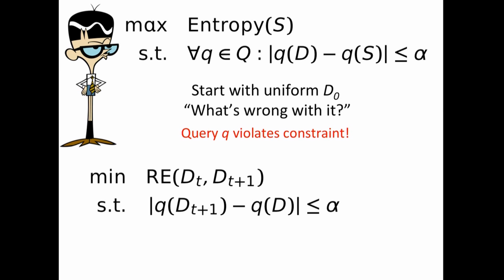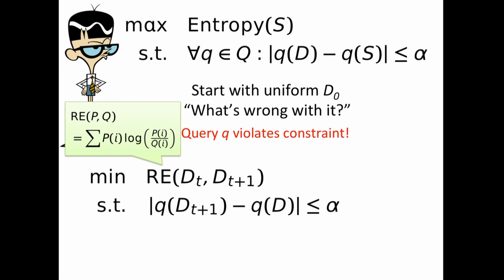But you want to, in some sense, minimize the amount of entropy you lose. You want to stay as close as you can to the uniform distribution while correcting your performance on the seen query. Okay? You want that your new distribution, d sub t plus 1, is correct on the query that was previously violated. Okay? So in some sense, you want to minimize the entropy loss. By the way, I should say this is the relative entropy. You might know this. You can think of this as a distance function between distributions.